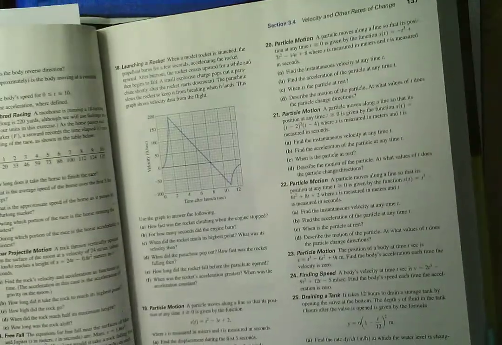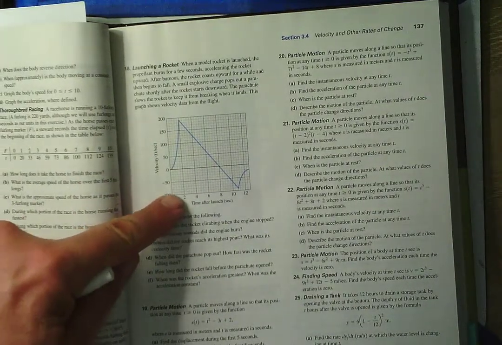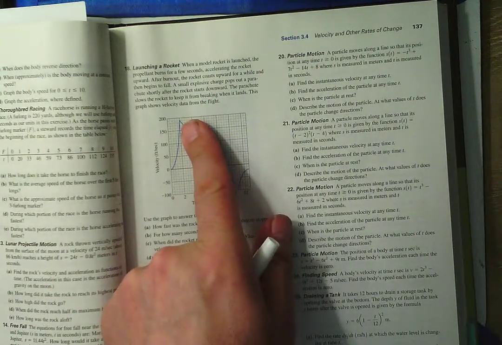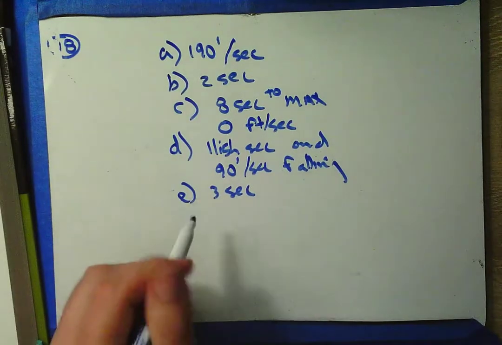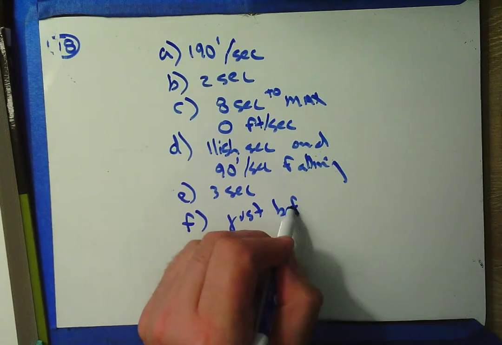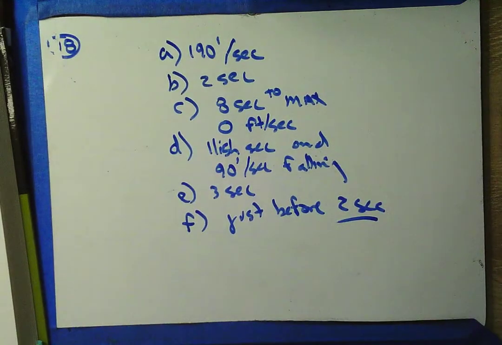We could certainly use a one-sided derivative and say, as t approaches 2 from the negative, that's where slope is greatest. But I'm going to say instead, for F, just before 2 seconds, when the rocket burns out. That's when this thing is accelerating or thrusting fastest.